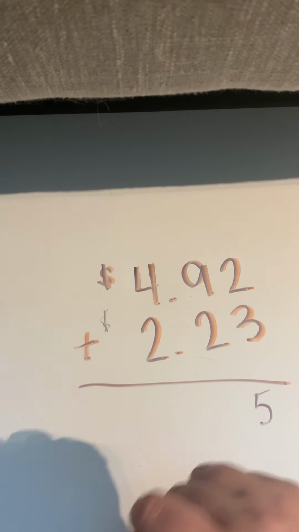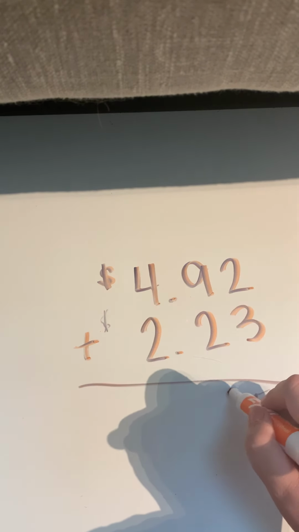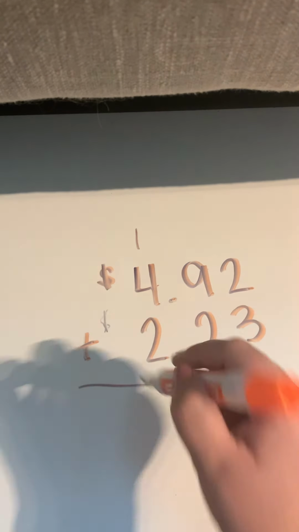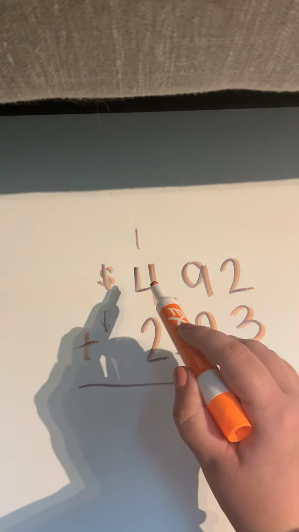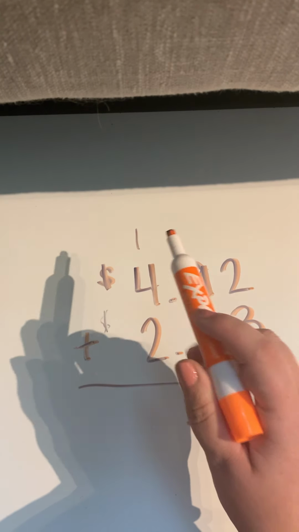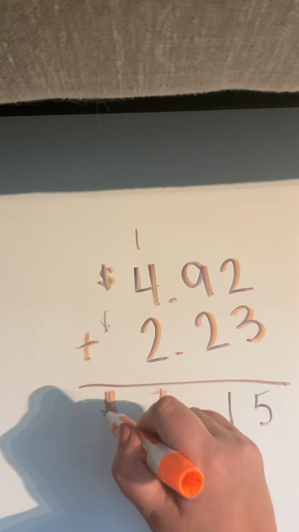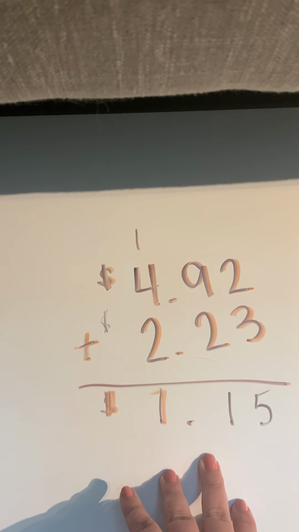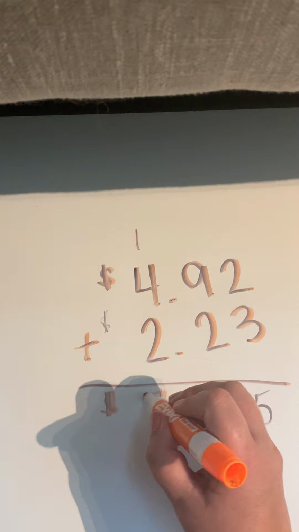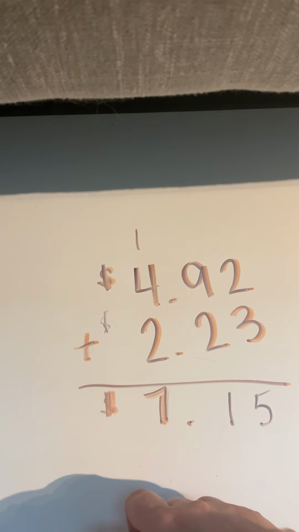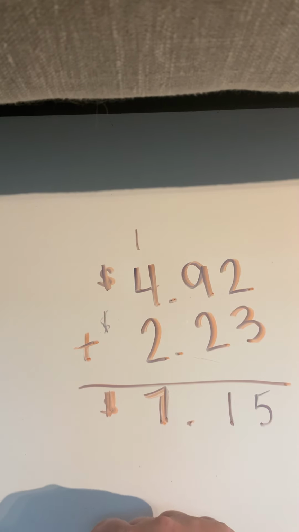Then I'm going to move to my tenths, 9, 10, 11. Carry my 1, bring down my decimal. And I'm going to add up my ones. I'm going to have 4, 2, 1. So 4, 5, 6, 7, and my dollar sign. So the total cost is actually going to be $7.15.